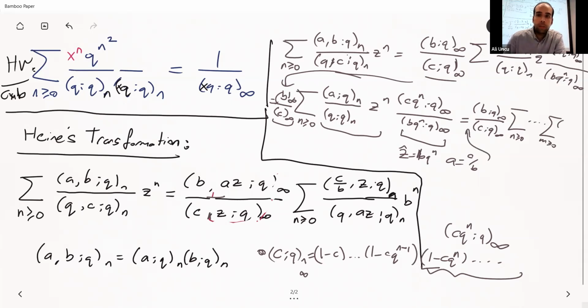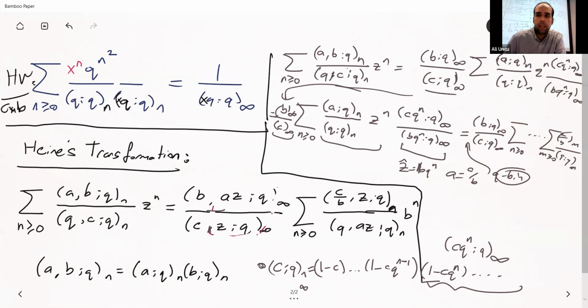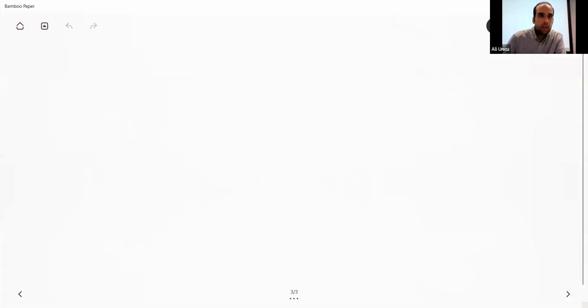So this is the q-binomial with these selections, where a is c over b. We have a (q; q)∞, (q; q)m, and I will write it again on the next page. (b q^n)^m is going to be the last one. Let me write it properly on the next page.